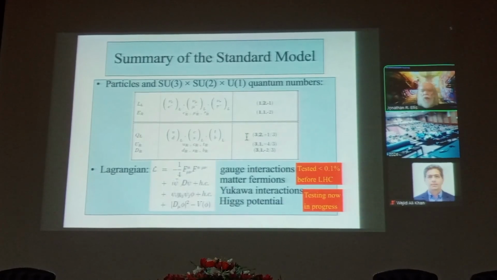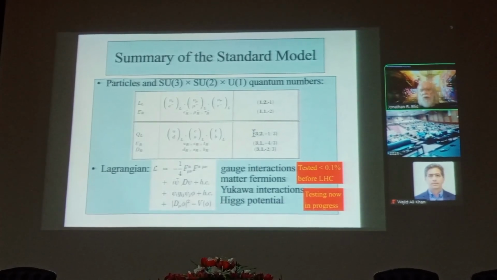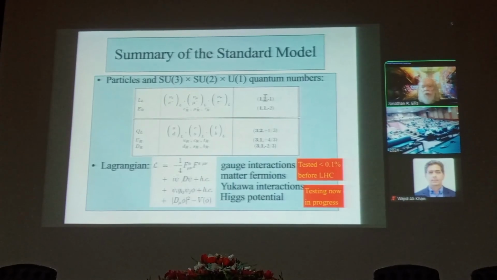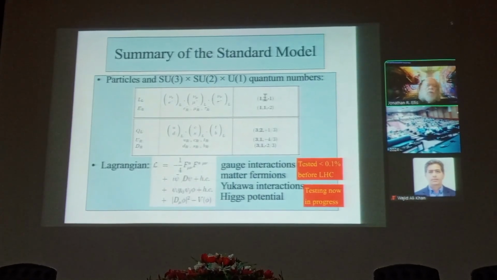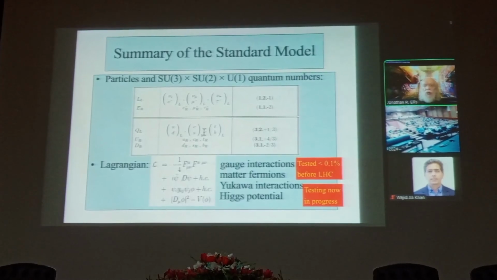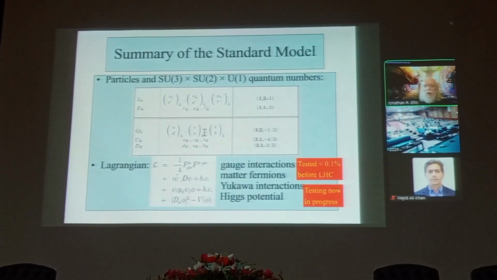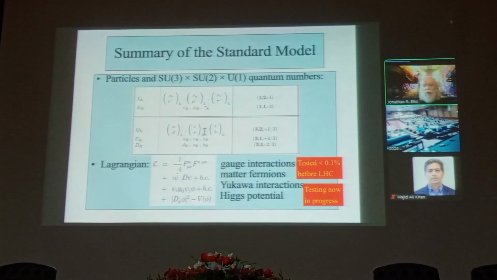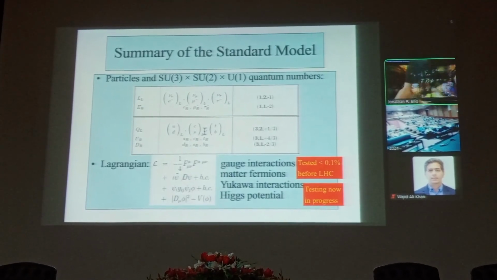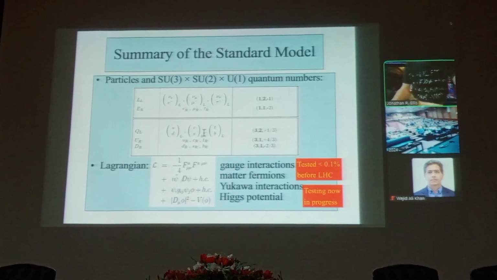So, these are the quarks as triplets of SU(3), left-handed leptons as doublets of SU(2), and so on. So the Lagrangian corresponding to this theory can be written on the t-shirt, as you can see here.